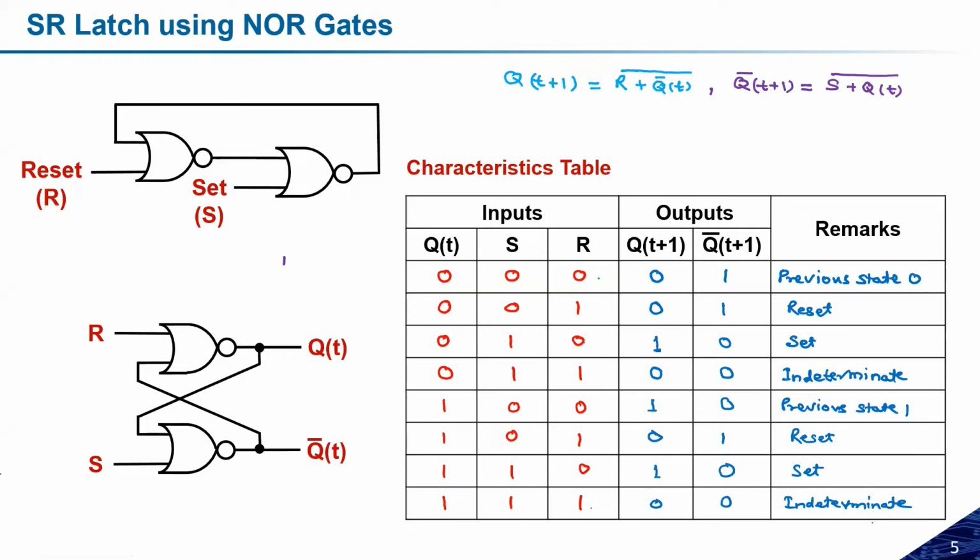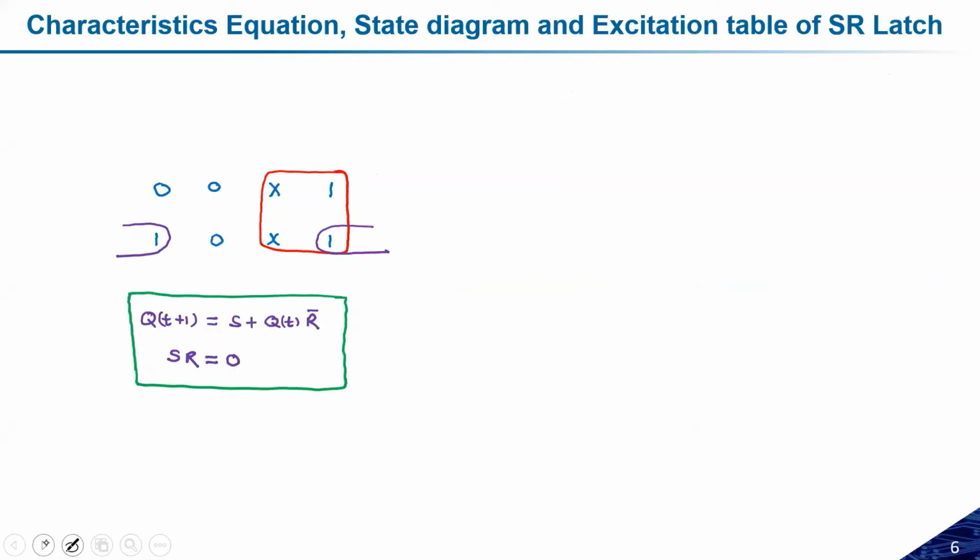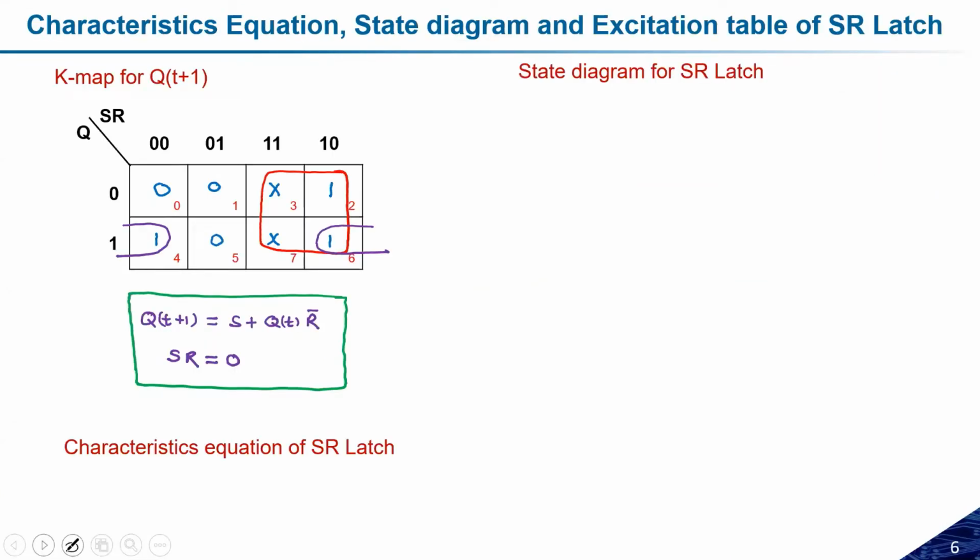So here we have 8 combinations, 0 0 0 to 1 1 1, and accordingly I'm getting Q(t+1) like 0 0 1 0 1 0 1 0. Remember this, and some of the cases are don't care, so we will also consider those things, no problem. Let us try to apply this. Let us make the state diagram.